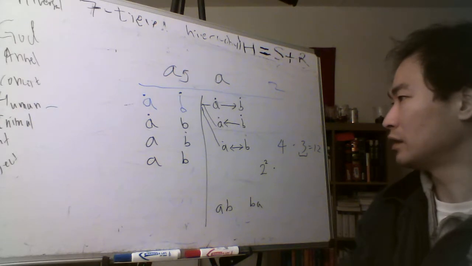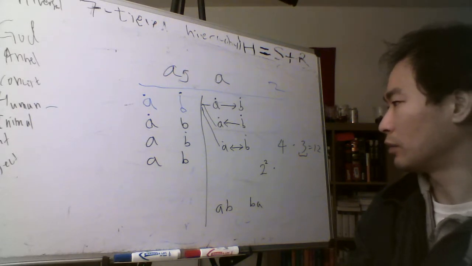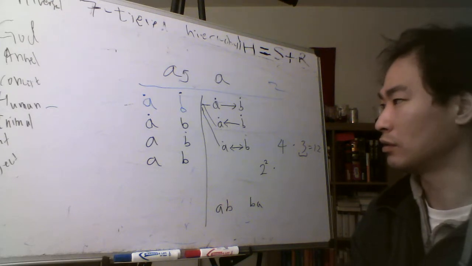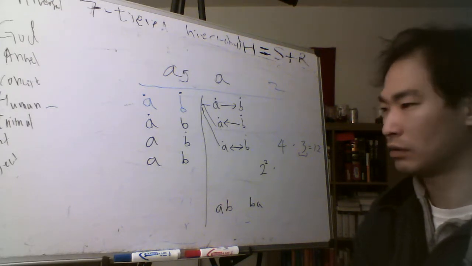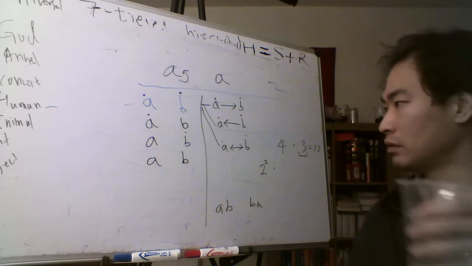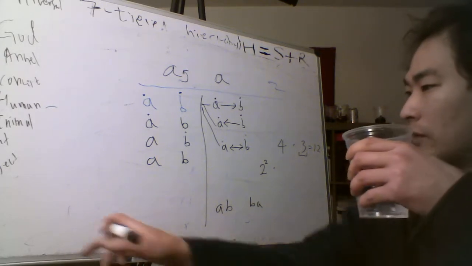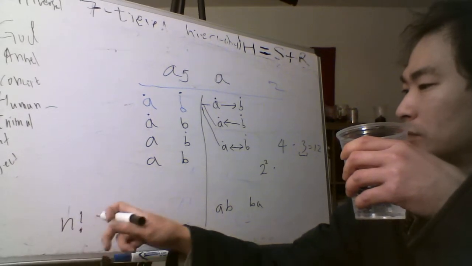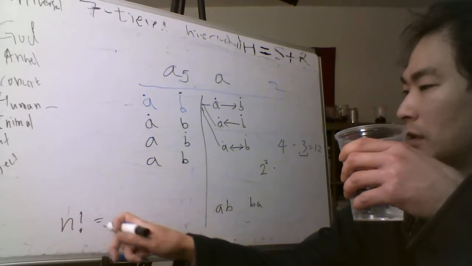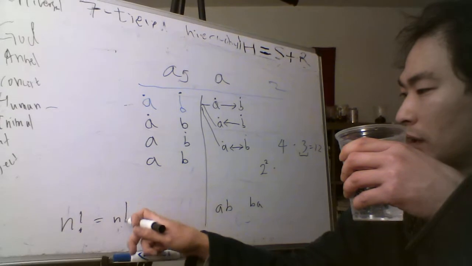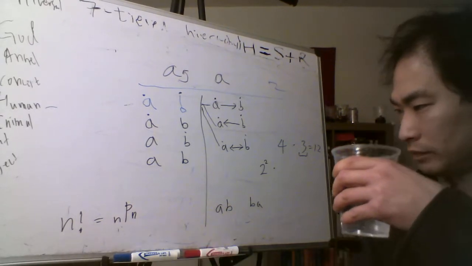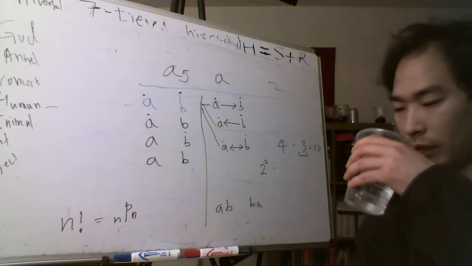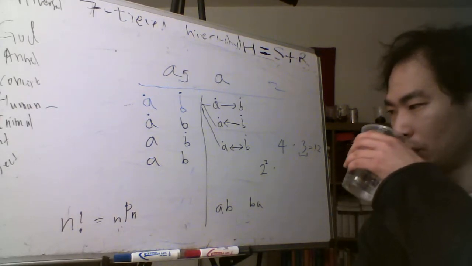I'm trying to formulate this as a combinatorial problem, so that we can take advantage of all these formulas in combination or permutation, factorial. By the way, n factorial is 1 times 2 times blah blah times n, right? It's nPn. It's a special case of permutation, just to point it out to you.